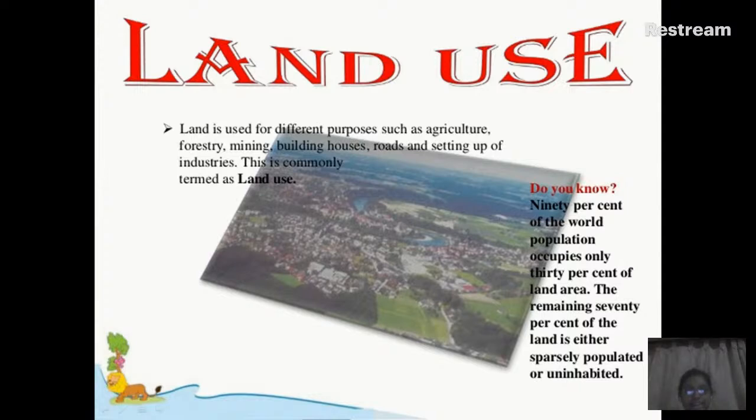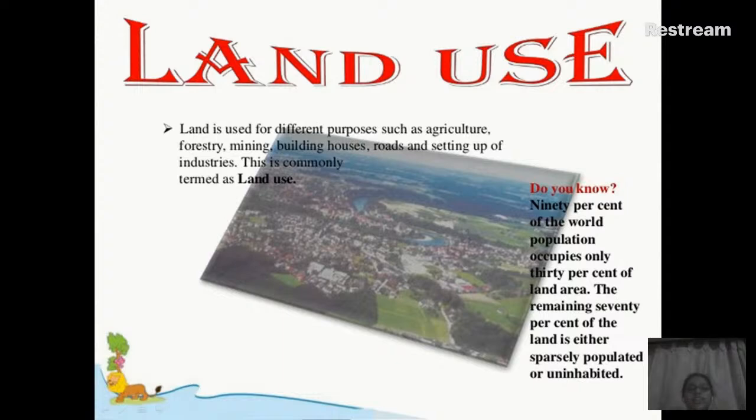Next, 90% of the world population occupies only 30% of the land area. The remaining 70% of the land is either sparsely populated or uninhabited.